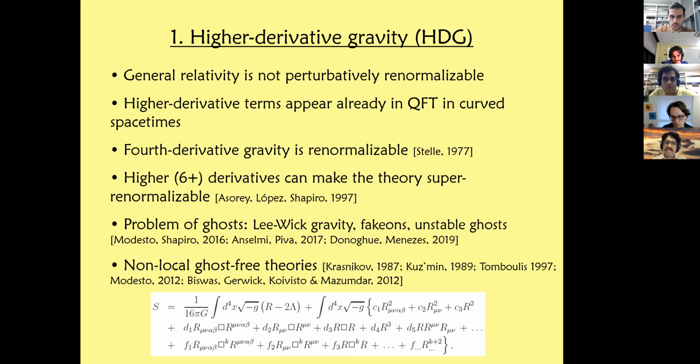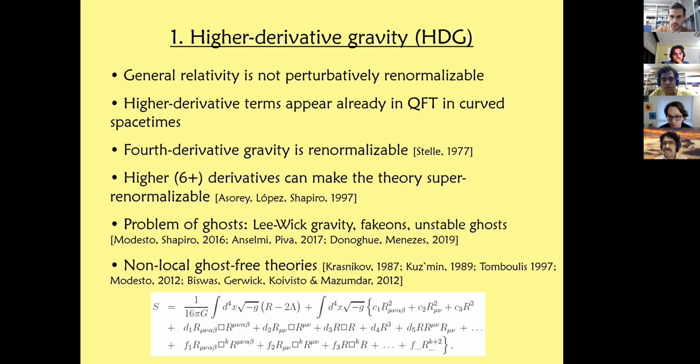For example, in Lee-Wick gravity, that is, higher derivative gravity with complex poles, there is the fakeon prescription by Anselmi and Piva. Also, there is the issue of having unstable ghosts. So there are different approaches. I'm not going to talk about this issue here. I'm going to consider only the issue of the singularities in these models.